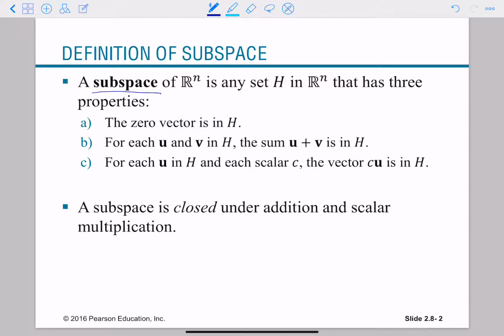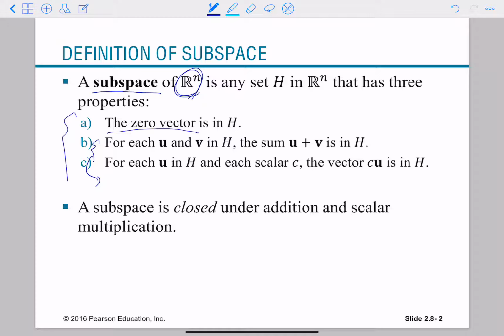A subspace is basically a subset of a fixed dimensional space, for example, Rn. The subspace should satisfy the following conditions. Given this Rn, a subset of vectors in Rn, in order to be a subspace, it has to contain the zero vector.